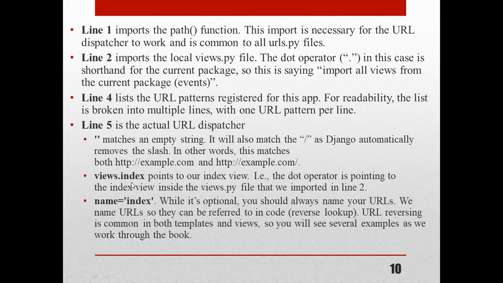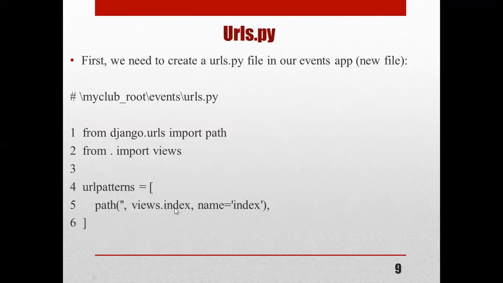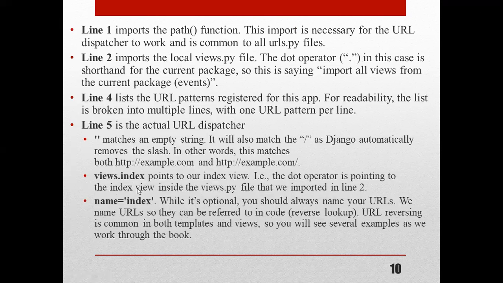Okay, so what is views.index here? This views.index points to our index view. That is, the dot operator points to the index view inside the views.py file that we imported in line number 2. And name equals index: while it's optional, you should always name your URL.